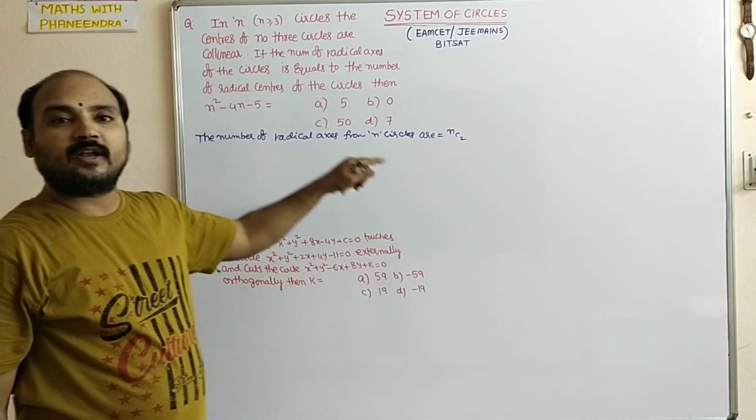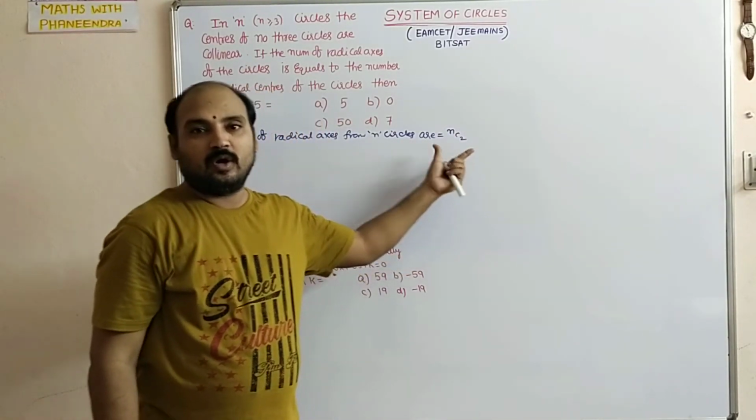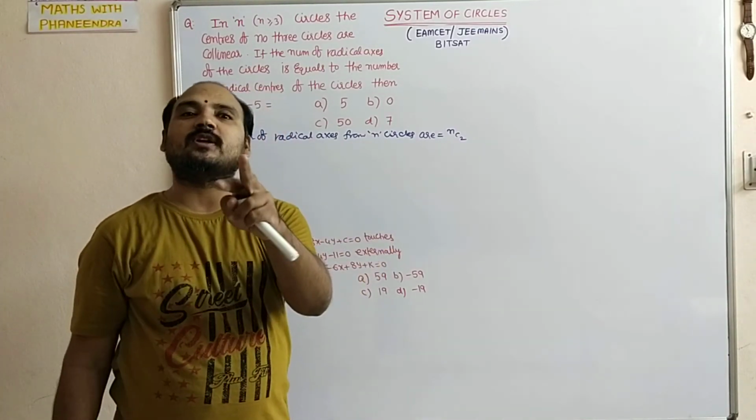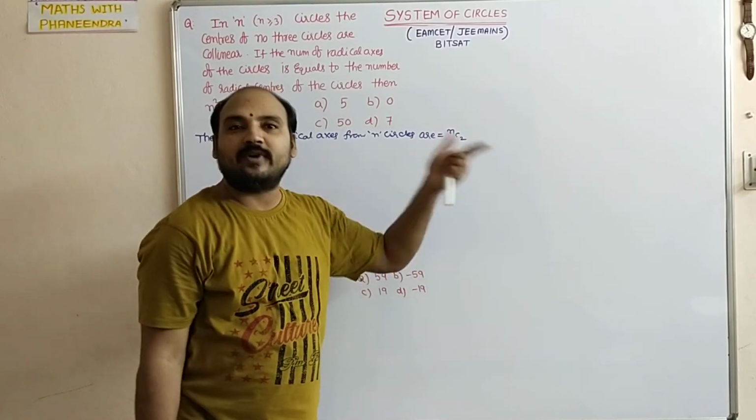The number of radical axes from n circles is nC2. Why? Out of n circles, to get the radical axis, 2 circles are required, so out of n we select 2, giving nC2.